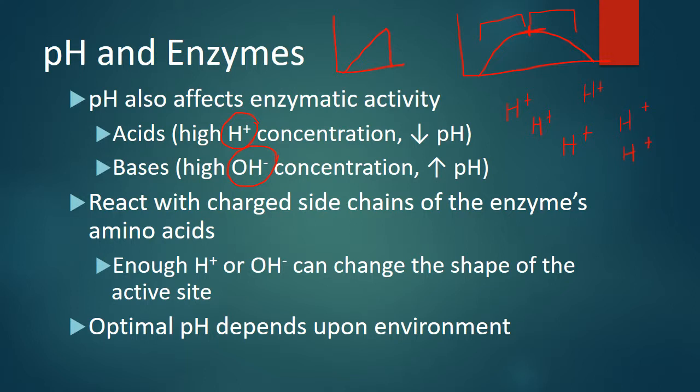any negatively charged side chain, so I don't know of any examples, I don't have the amino acids memorized, but anything that happens to have, we're going to do X negative, these hydrogens will bind to them. And when that happens, it actually causes the enzyme to change shape somewhat. Because now there's no longer this negative charge that might have interacted with something before.